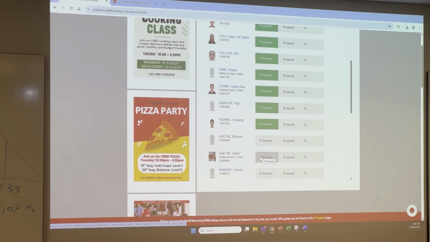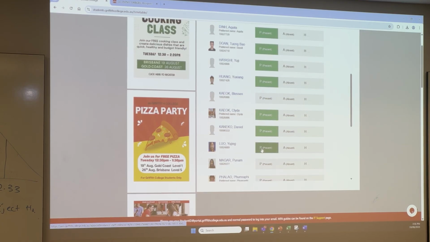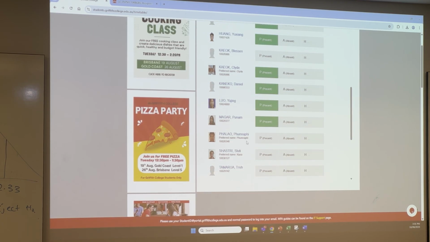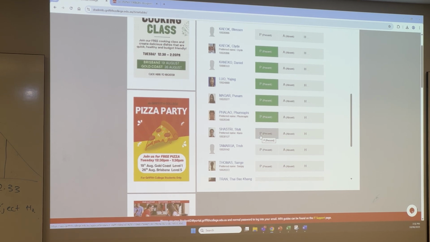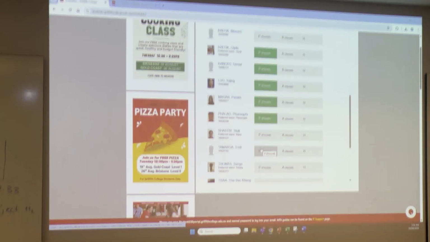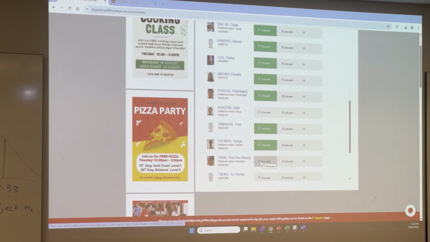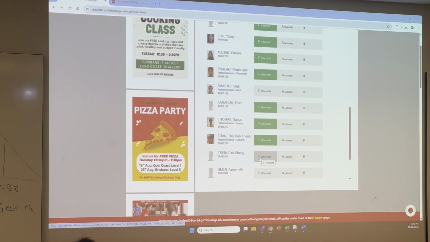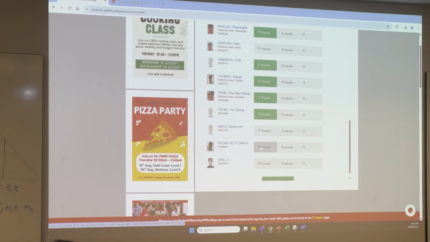Clint, Daniel, Yushi, Poonam is here, Umrafi, Kiera, Trish, Sanjay, Ramona, Wali Singh, Ayman Ali, because my class is Thursday. Charlie Singh.